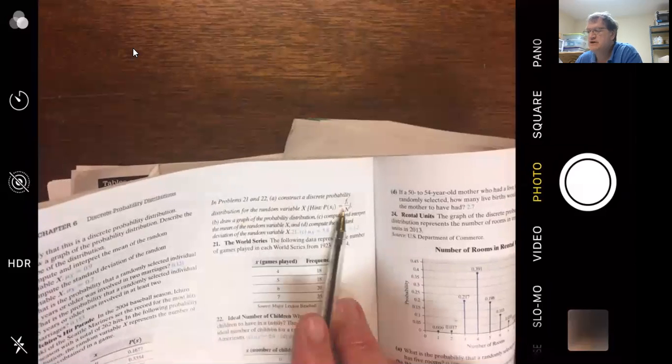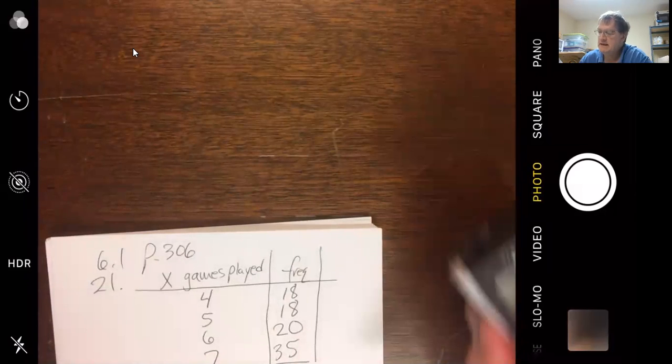Now they're giving you this gibberish formula, and basically what they're saying is, just like we did in chapter 2, got to total this up. Let's see, 18 is 36, 20 is 76 plus 35.